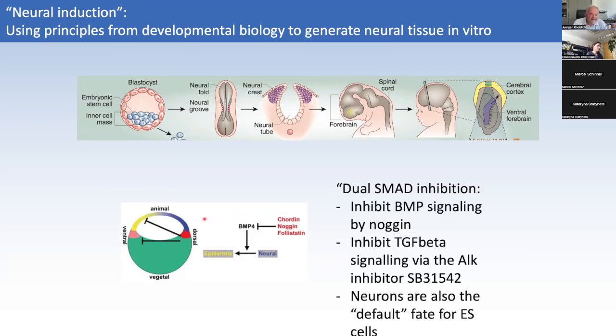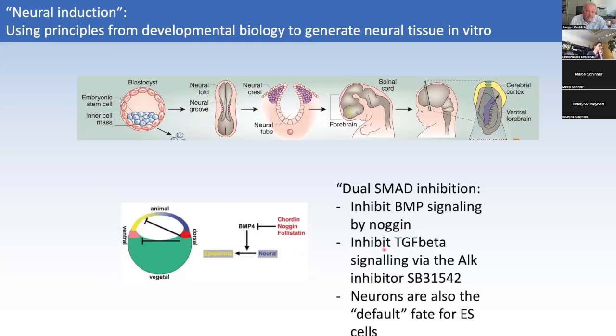Now, the specification of the nervous system, what we know about that goes back to the classical experiments that were done by Hans Spemann and Hilde Mangold, who have identified an organizer that induces the formation of the nervous system. And they have done this again in frogs. And what this organizer, which is called the Spemann-Mangold organizer, does is it contains inhibitory activity.